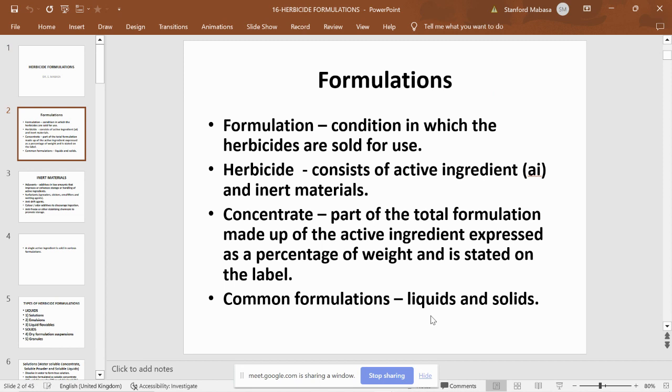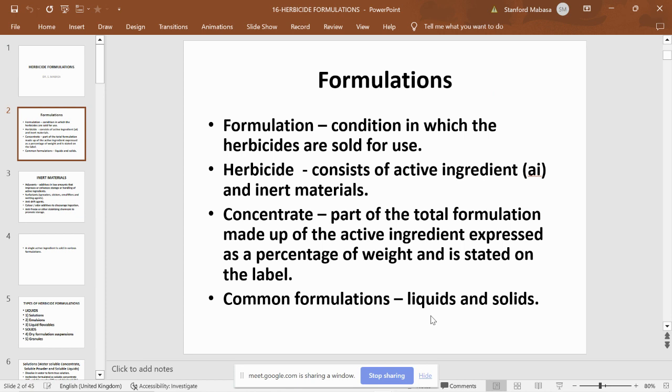Sometimes you find that there's concentrate written on the label, which is part of the total formulation made up of the active ingredient expressed as a percentage of weight and is stated on the label.